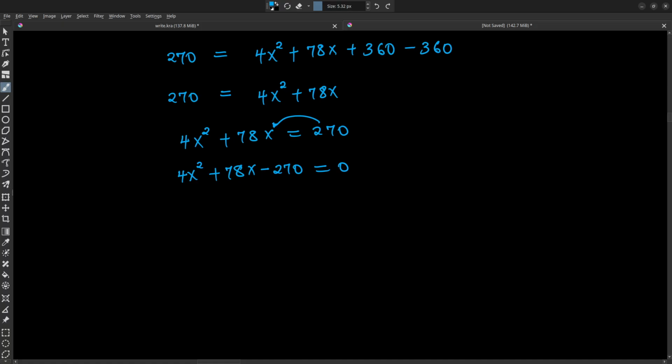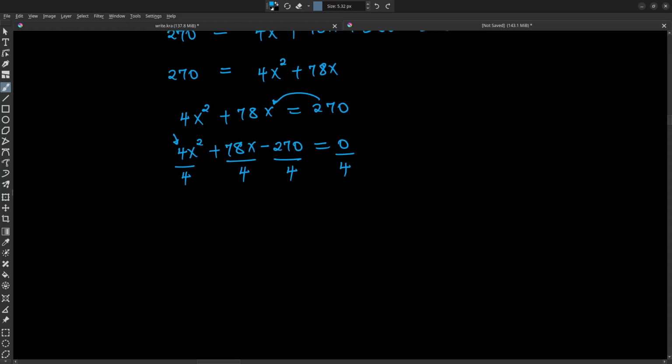By the way, that's probably the best way to solve a quadratic equation. To use the completing the square method, you need to ensure that the coefficient of x squared is 1. To do that, we are going to divide through by 4.